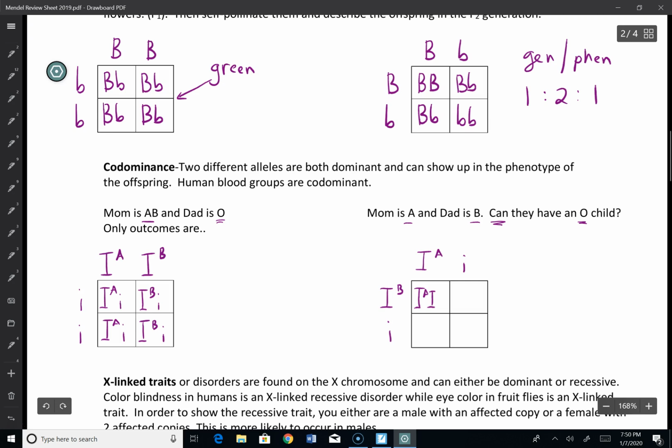That would be kind of cool. I wish I was blood type AB. They could have a kid that's type B. They could have a kid that's type A. And believe it or not, they can actually have a kid that is blood type O, because if both of the parents were not pure blood type A or blood type B, they actually carry with them that recessive allele. So A is dominant, B is dominant, and A and B are codominant.